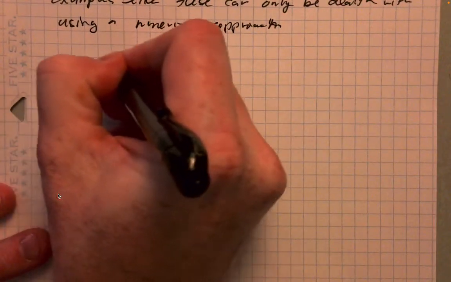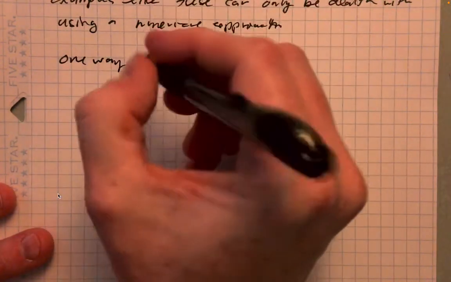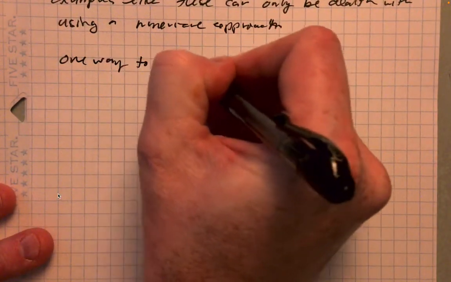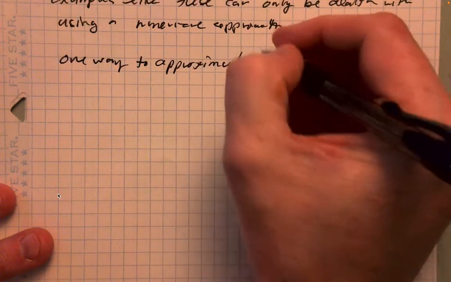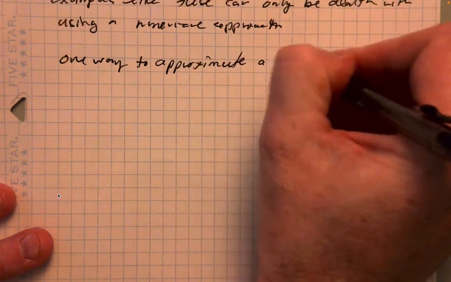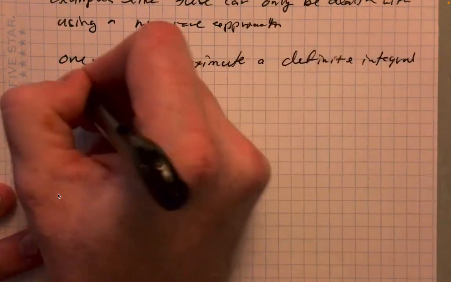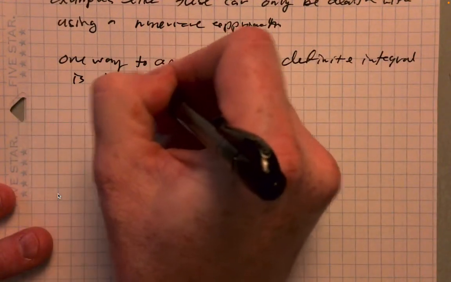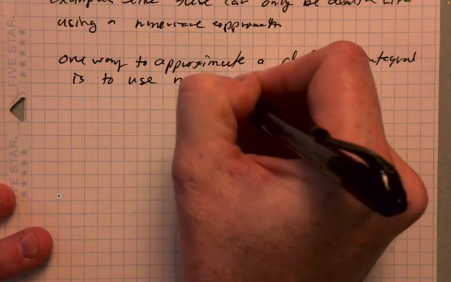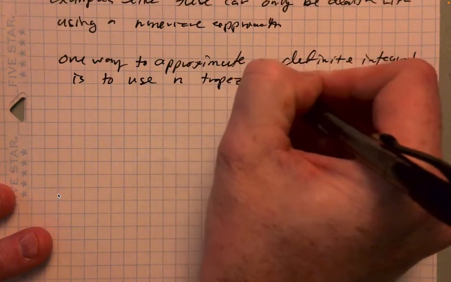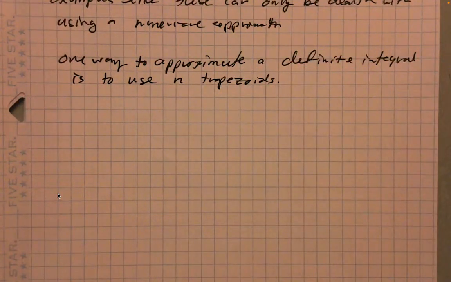So one way to approximate a definite integral is to use n trapezoids. We might have talked about trapezoids earlier in the course.